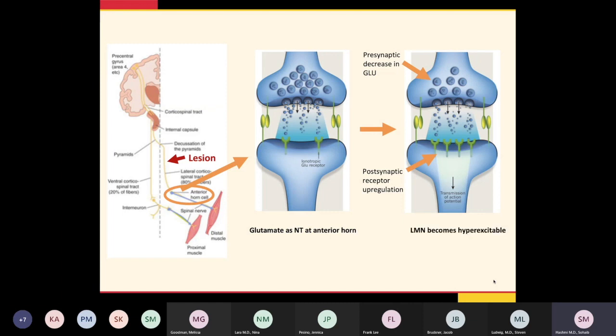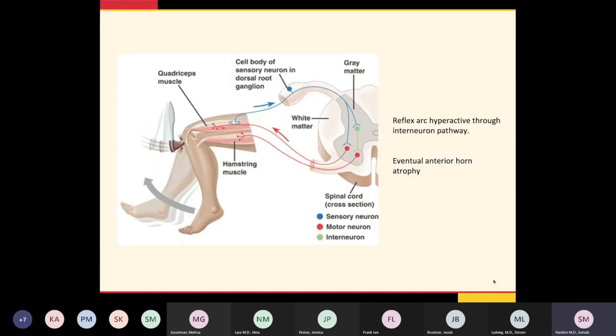And so then the lower motor neuron becomes hyperexcitable, leading to a hyperreflexive pathway through that interneuron pathway. And eventually, like we talked about, the end of the line would be the anterior horn atrophy.